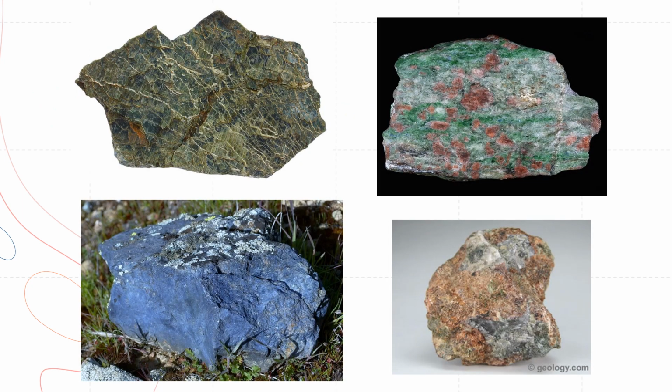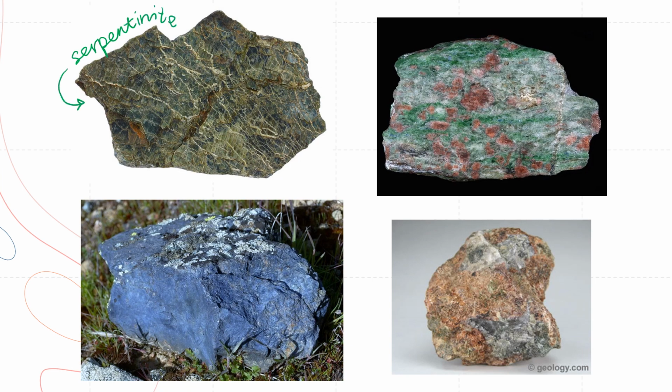Now that we've got all of these photographs of hand specimens laid out before us and the descriptions we've had in the previous slide, I'm pretty sure all of you can tell which rock is which just by looking at them. The first one in the top left-hand corner, we have the rock serpentinite, which has the mineral serpentine.